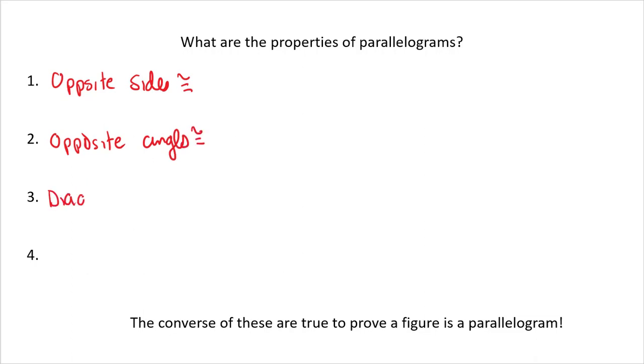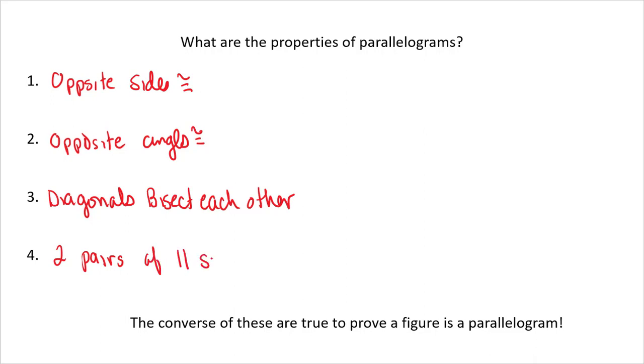Diagonals bisect each other. And then two pairs of parallel sides.